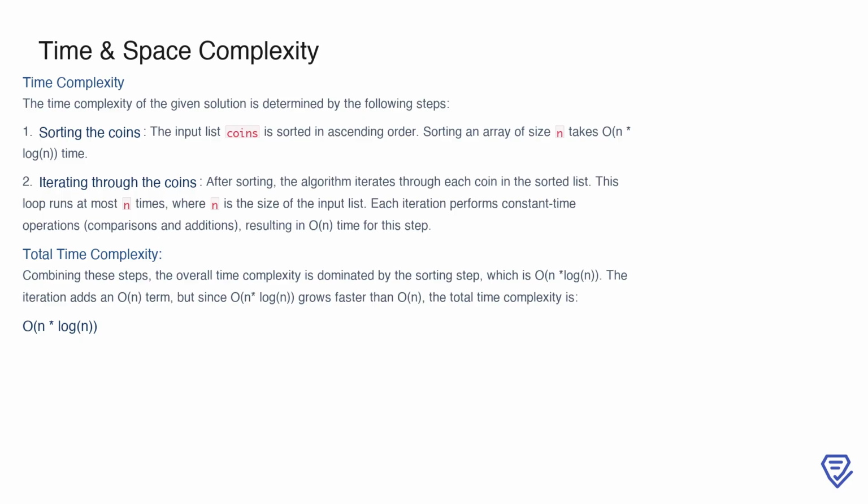In this iteration, we process each coin exactly once, performing constant time operations like comparisons and additions during each step. This contributes an additional n time. When we combine these two steps, the sorting process dominates, as n log n grows faster than n. Hence, the overall time complexity of the solution is n log n.